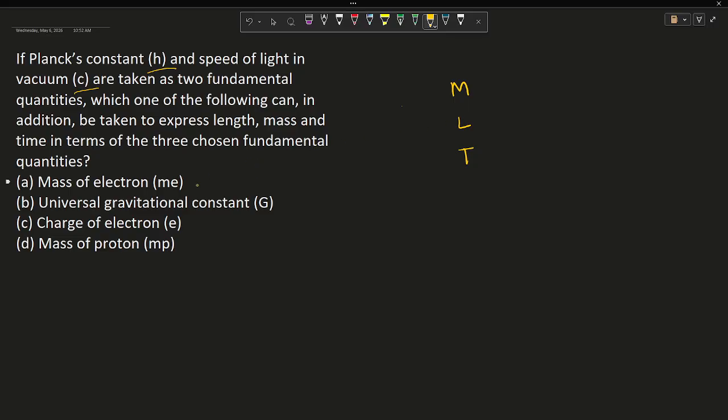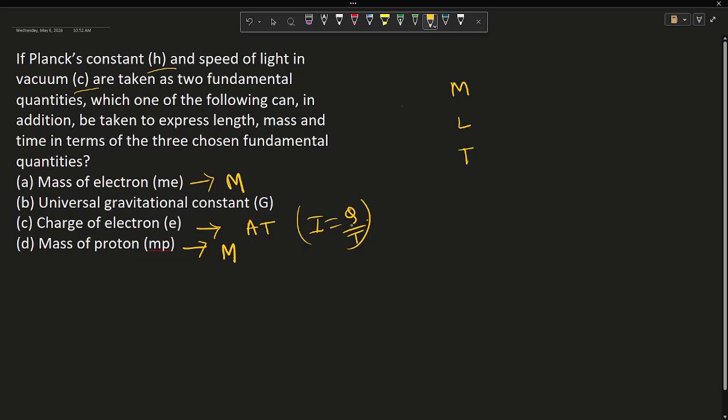Obviously mass has the dimension of M. This one is also mass, so it will also be M. And charge of electron has the dimension of AT, because I equals Q by T, then we can write Q equals IT.